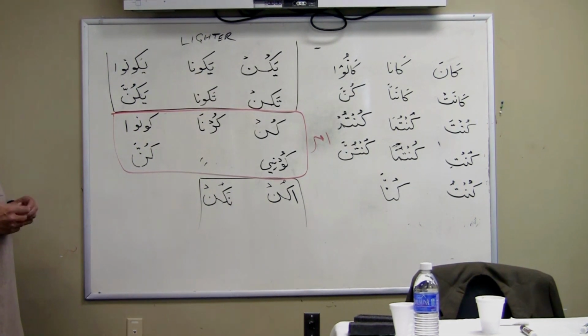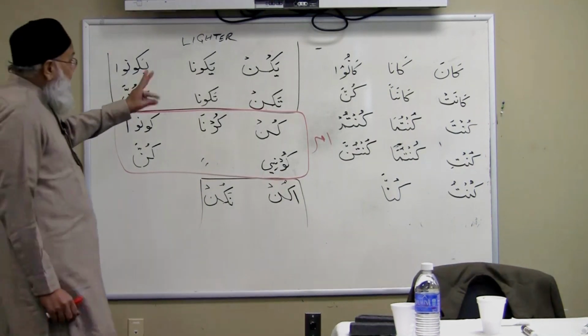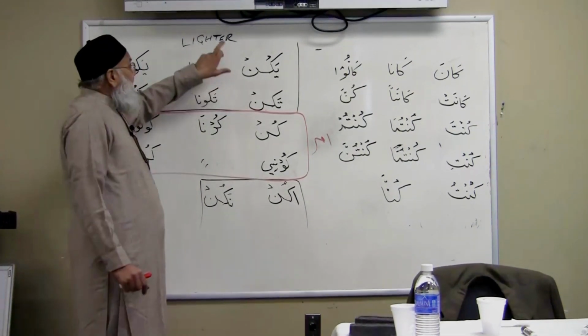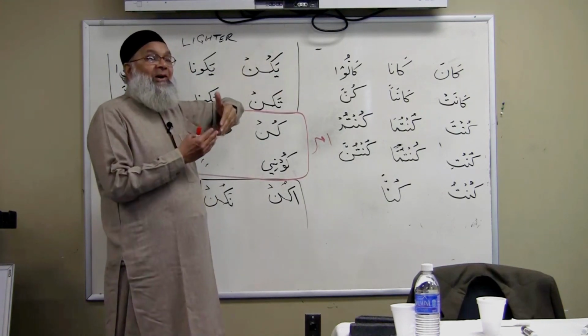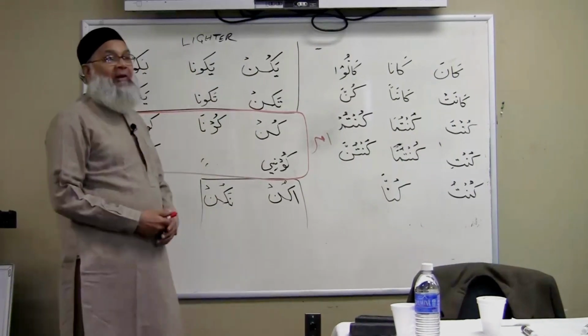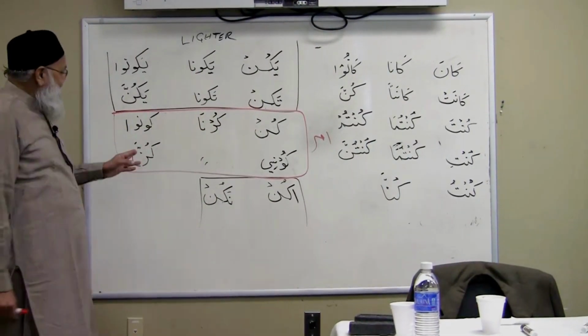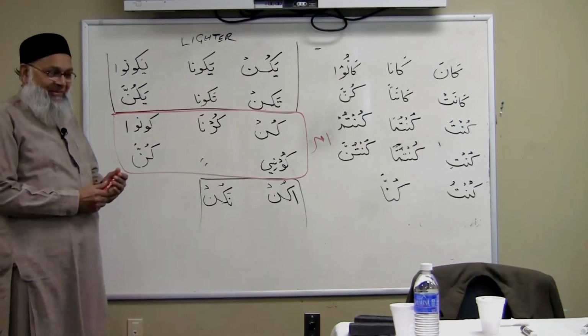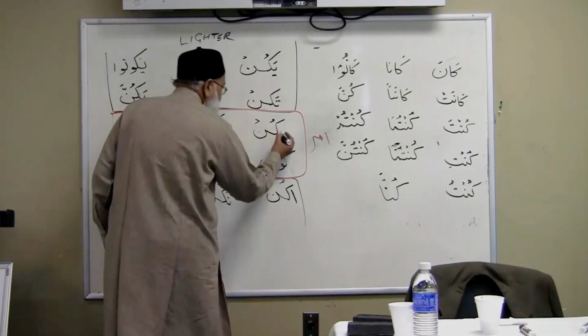When we say Ya ayyuhalladhina amanu qulu qawlan. Now, in the lighter form with la, it is the combination of the lighter form as well as the noon with tashdid, very commonly used. Wala takunanna minal mushrikeen. More and more emphasis. So come back to the lighter form now.